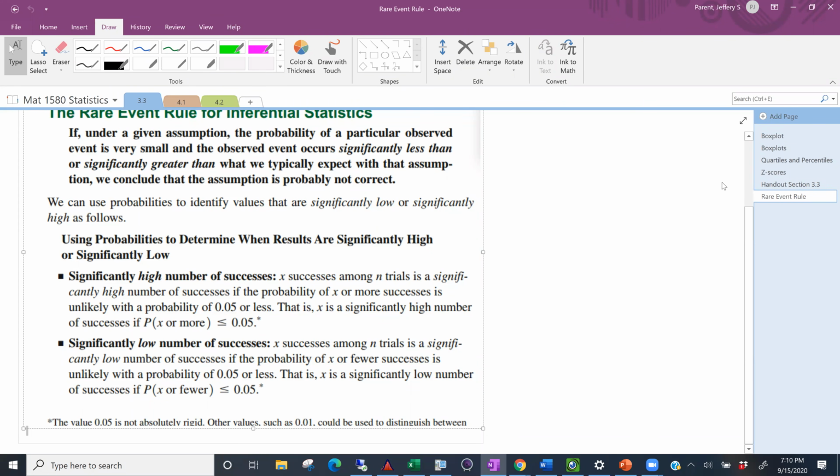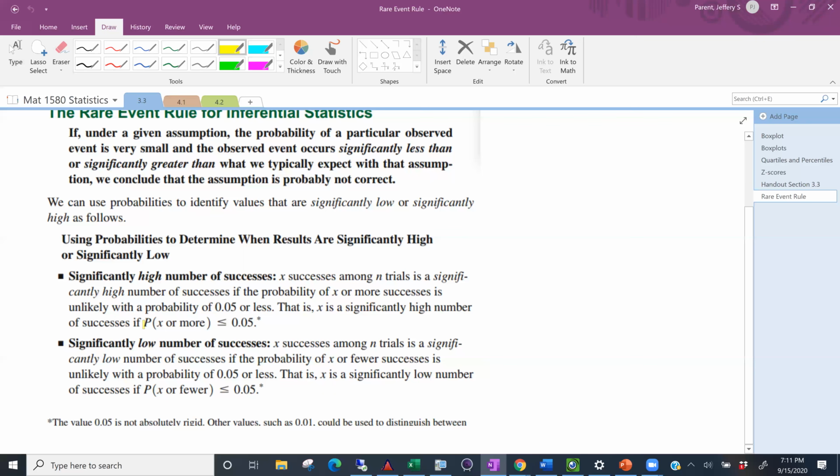So significantly high and significantly low events. These are events that happen when your number of successes, the probability of X or more successes is less than 5%. Or the probability of X or fewer successes is, again, less than 5%. And let me highlight that a little bit here for us.